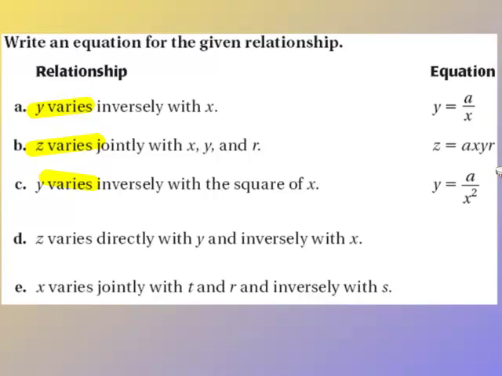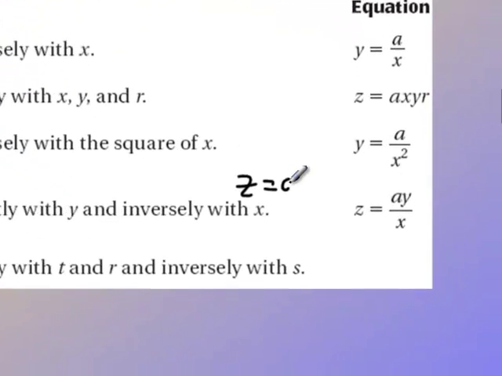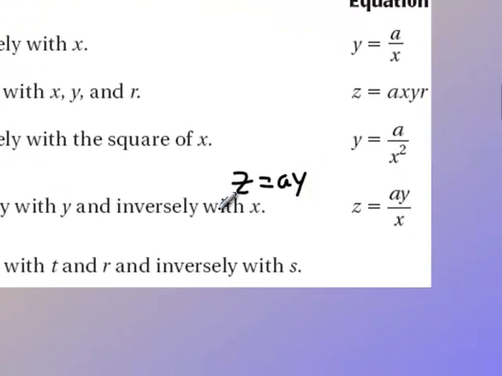So when I say Z varies directly with Y and inversely with X, well, Z is going to equal AY over X. So if it was just Z varies directly with Y, it would be Z equals AY, and if it was just inversely with X, Z would equal A over X. So this would be direct, this would be inverse, but together it's this.